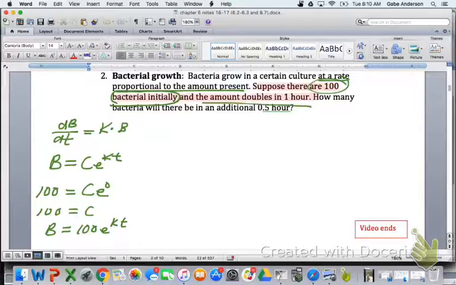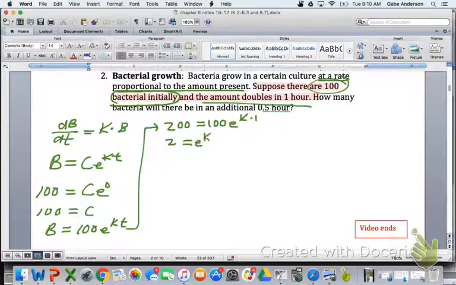Okay, and the amount doubles in 1 hour. So what that means then is B is 200, right? It doubles, goes from 100 to 200, so 200 equals 100e^(k·1), because 1 hour has passed for this doubling to occur. All right, so let's solve for k. Dividing both sides by 100, we get 2 equals e^k, and here is where we need to use some of our equation solving skills.